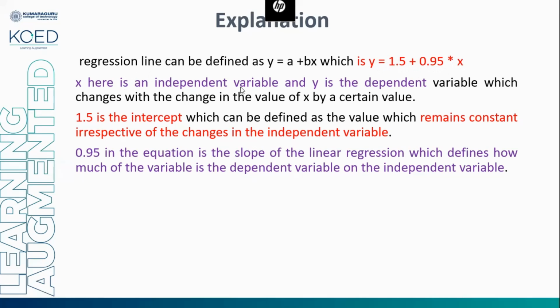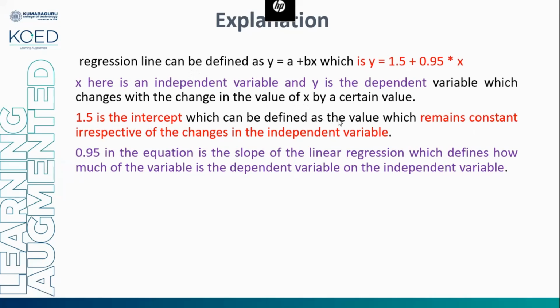Here x is the independent variable, y is the dependent variable, which changes with the change in the value of x.